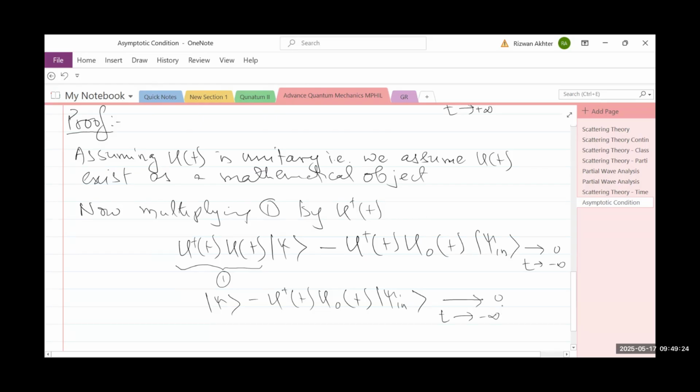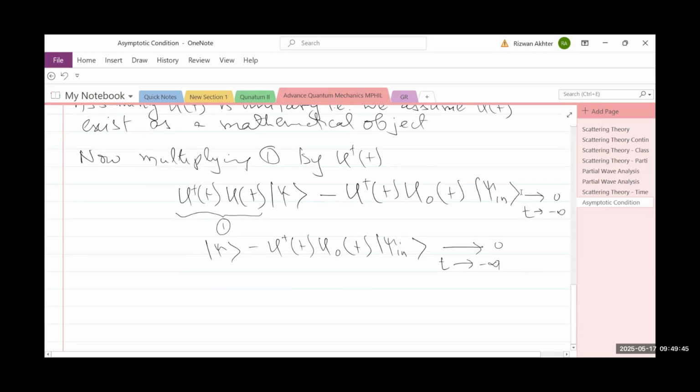Yeah. That is, we need to show that this u dagger, that is the second term on the left side, that is u dagger of t, u naught of t psi n, has some limit. And when it has some limit, then the difference of these two would be equal to 0 at t equals minus infinity.